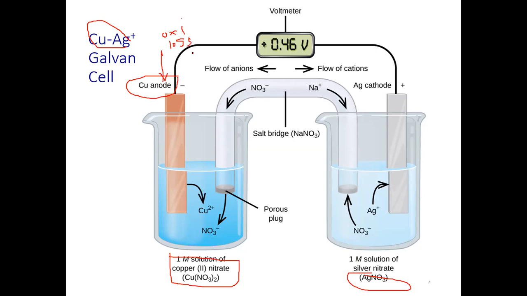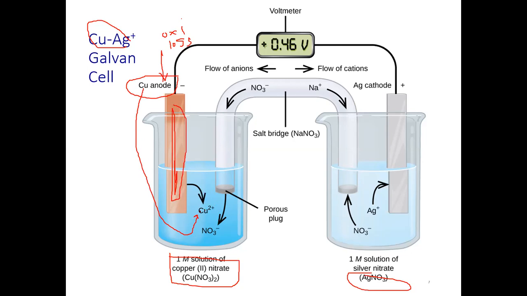The copper, which you see as a rod here, is all neutral copper. When we complete the circuit, copper will start losing its two electrons and change into copper 2 plus, and it's going to leave this metal copper rod and come into the solution because it's no longer solid.